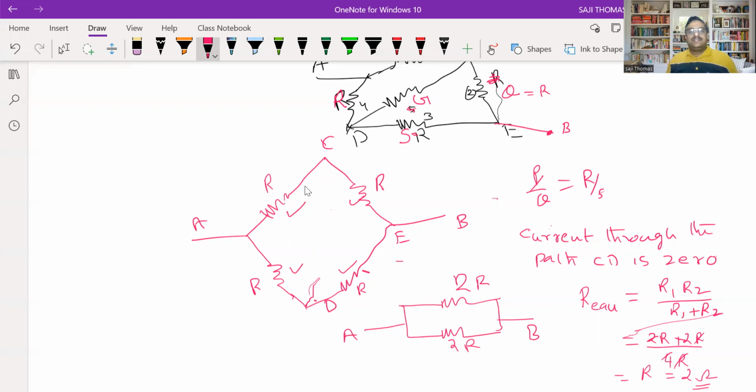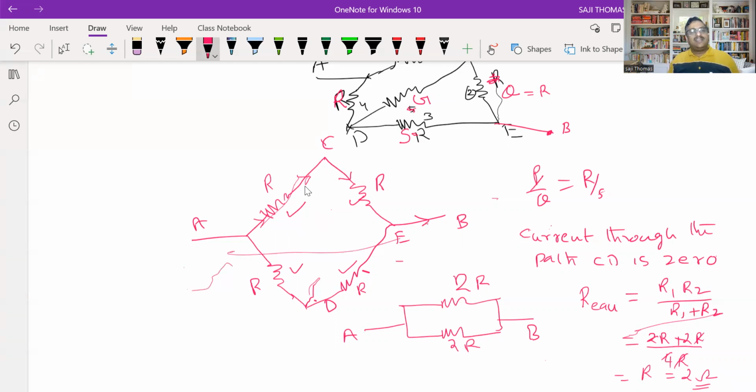This is the first part of the question, equivalent resistance. Now you need to find the current through CD. That is already found: current through CD is 0. Now you need to find the current through ACB, this path. Between A and B, 10 volt is connected.